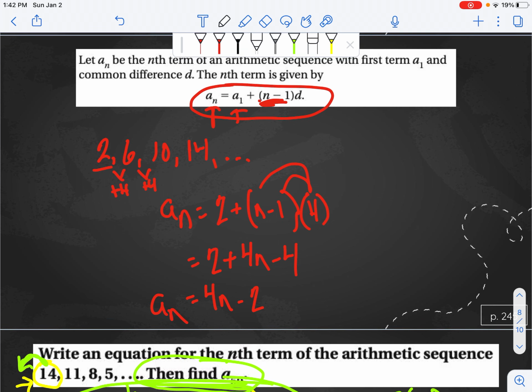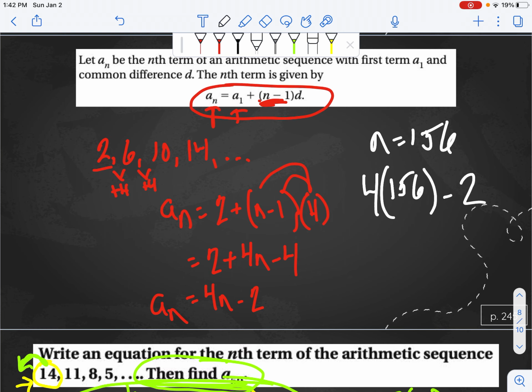Now we could still, if we wanted the 156th term, plug 156 in for n, and then we could solve. That's going to be like 622 or something like that.